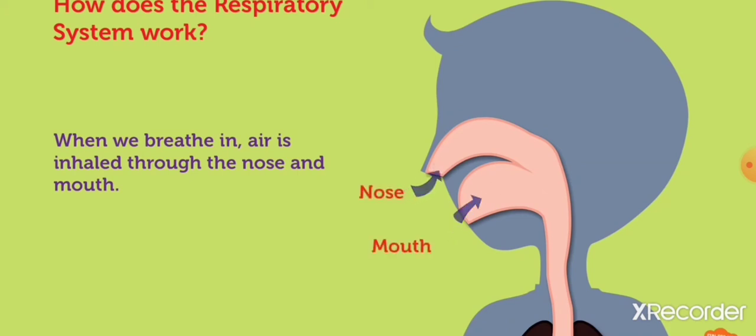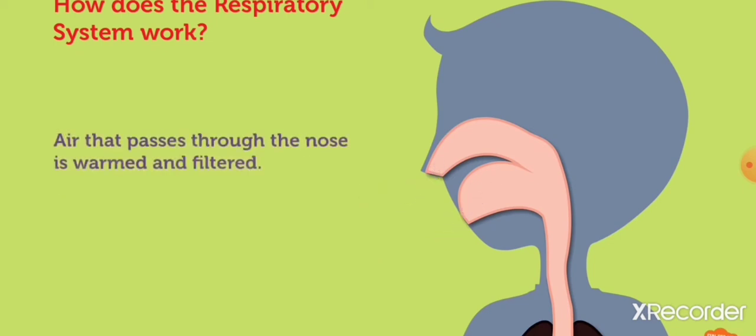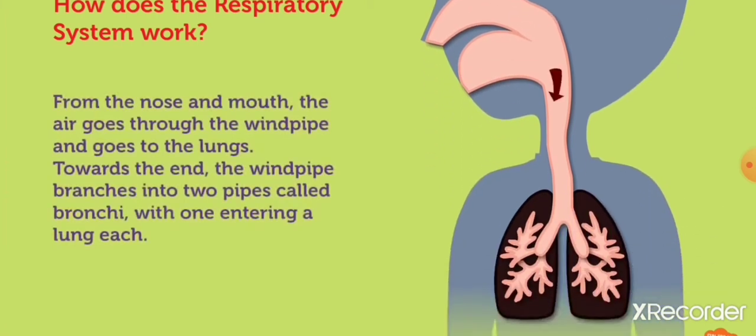When we breathe in, air goes through the nose and mouth. Then air passes through the nose, is warmed and filtered. This air passes through the windpipe and goes to the lungs.